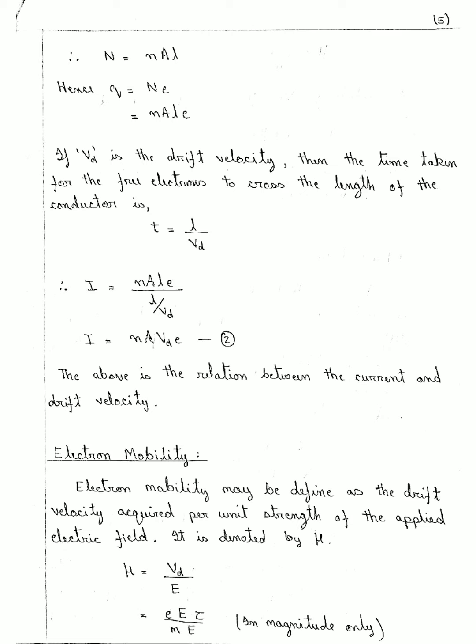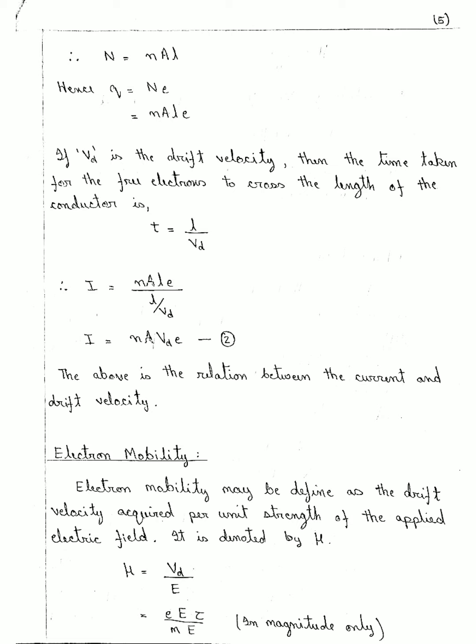Hence, from quantization of charge, we have Q, the total charge in the conductor, is equal to the total number of free electrons N, capital N, into e, the elementary charge. And using N is equal to nAL, your Q is equal to nALe. Now let Vd be the drift velocity.